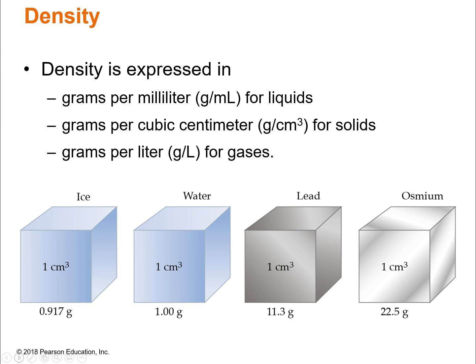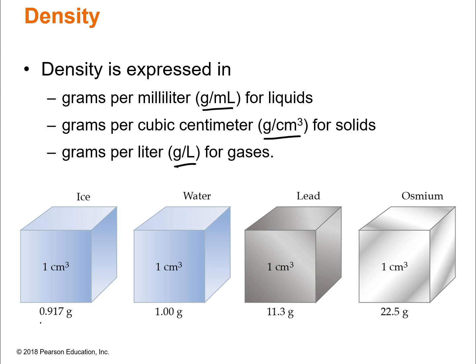Once you have those two values, you can calculate density. Density is expressed in grams per milliliter for liquids, grams per cubic centimeter for solids, and grams per liter for gases. And down at the bottom, we've got 4 different substances: ice, water, lead, and osmium. The volume is the same, 1 cubic centimeter.